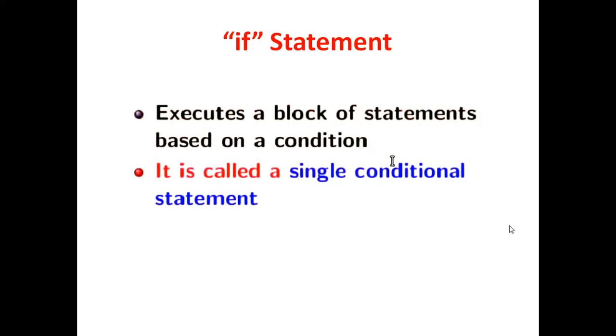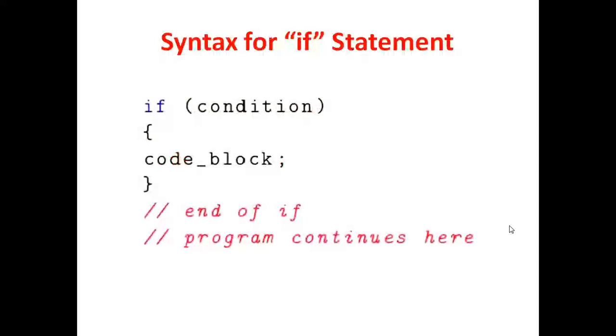The if statement executes a block of statements based on a condition. It is called a single conditional statement. The syntax for the if statement is as shown below. Here, if is the keyword. Inside the brackets, we write the condition.